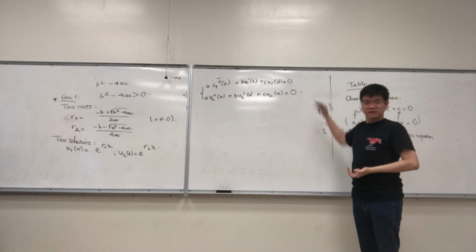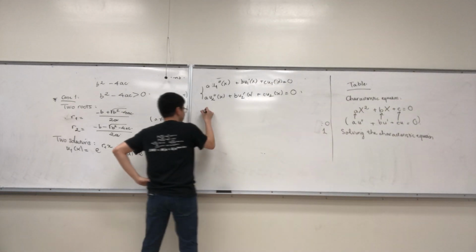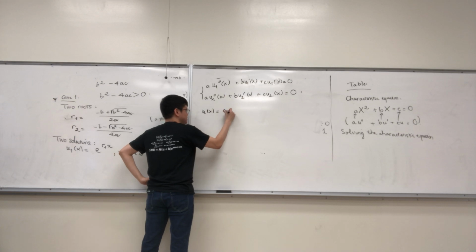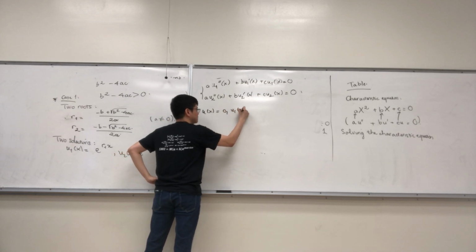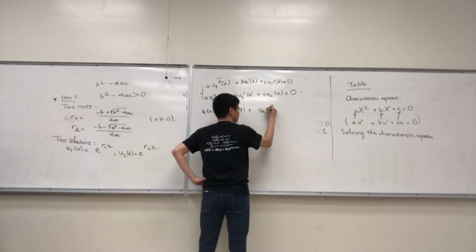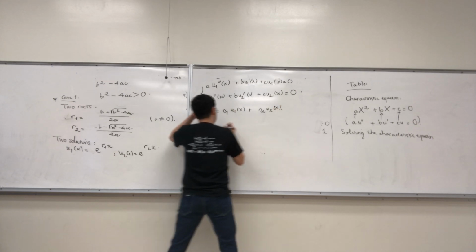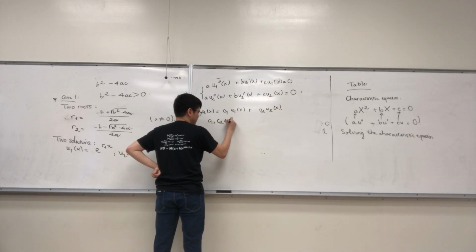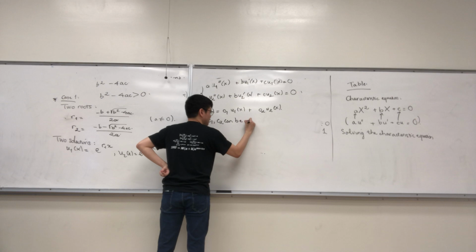It's clear? So in general, u of x will be c1 u1 of x plus c2 u2 of x. So c1 and c2 can be any constant.